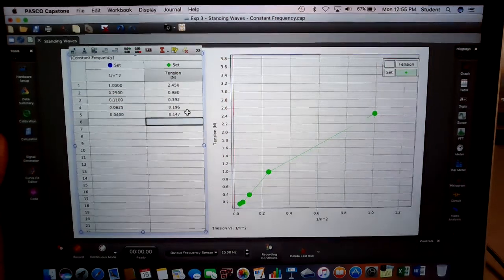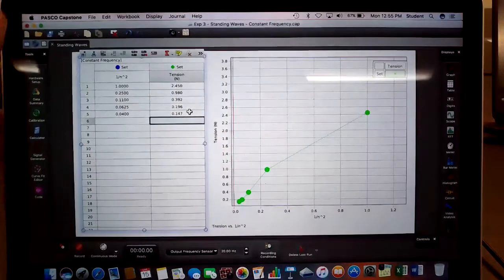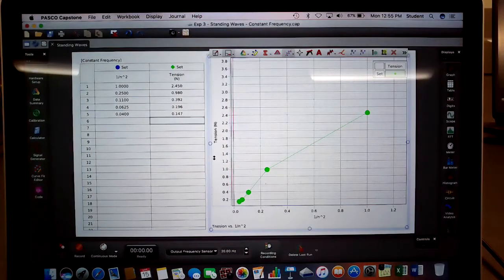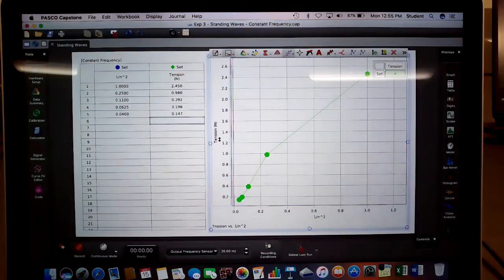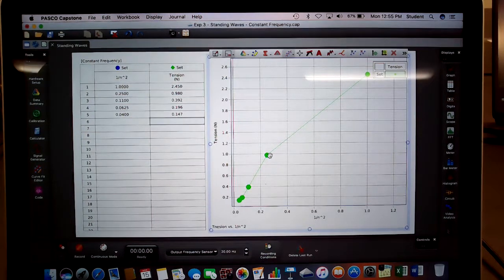All right, so let's expand this upward, okay? And we've got 1, 2, 3, 4, 5 different data points. So maybe the second one was a little bit off. I don't really know, but we're going to take the slope of all of those points.